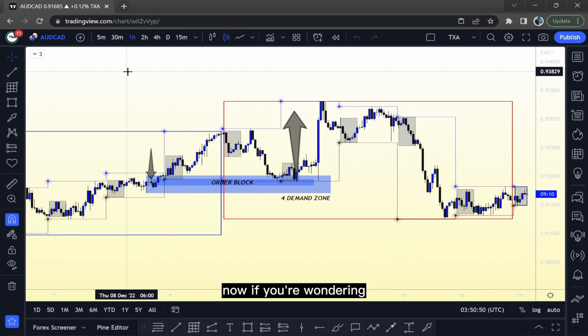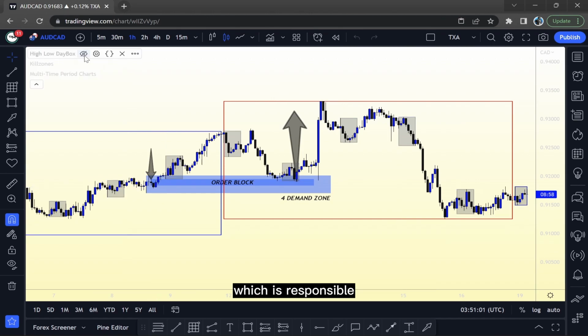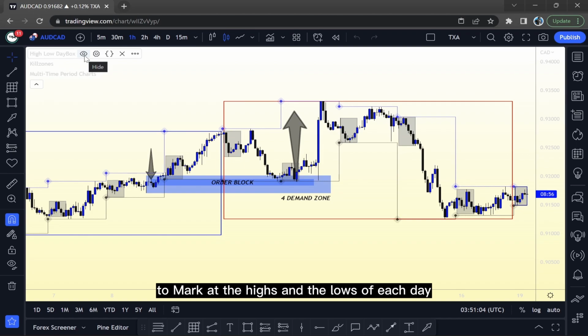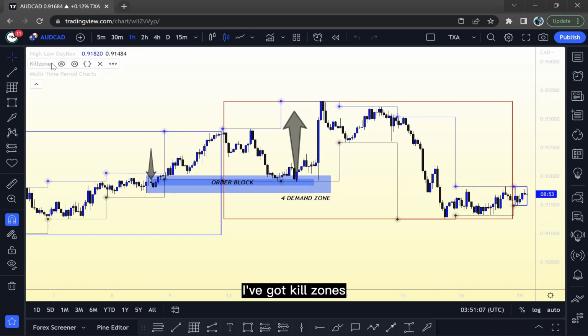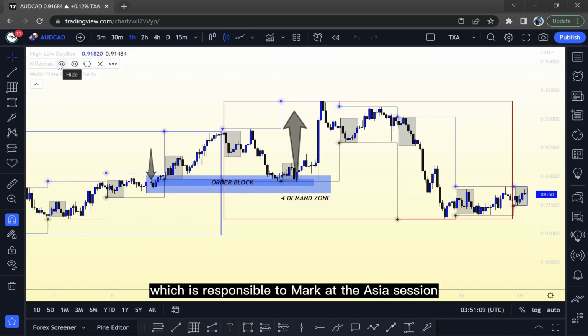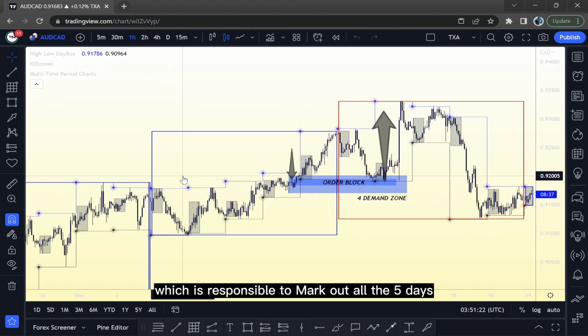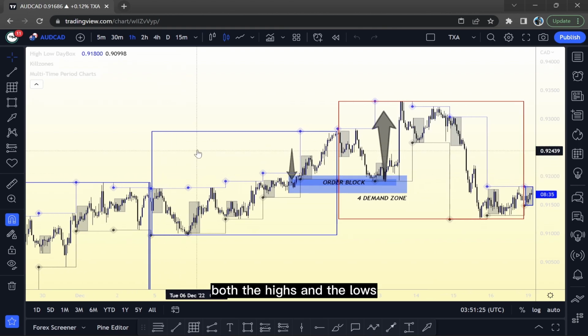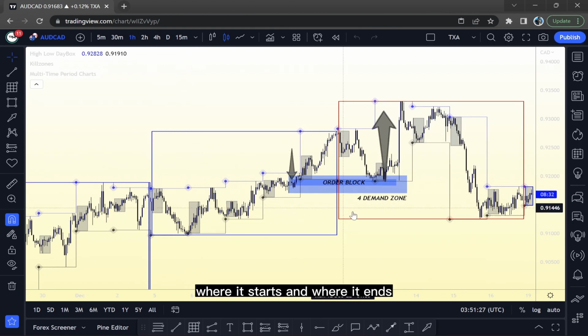Now, if you're wondering what indicators I am using to mark out my charts in this simplistic manner, I've got high-low day box, which is responsible to mark out the highs and the lows of each day. I've got kill zones, which is responsible to mark out the Asia session, and I've got multi-time period chart, which is responsible to mark out all the 5 days within the week, both the highs and the lows, where it starts and where it ends.